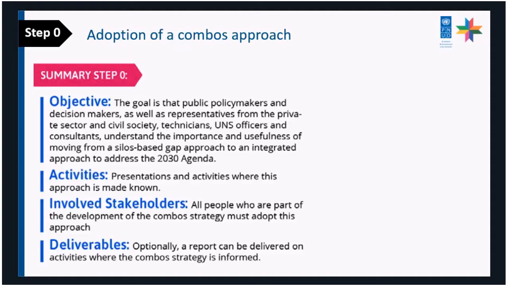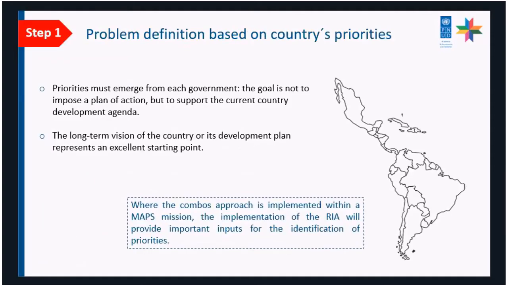Now I will move on to step 1. Our first step is about the problem definition based on country priority. Here the main message is that we don't want to impose a plan of action. What we want is that priorities must emerge from each government, and more than each government, from each country's needs.